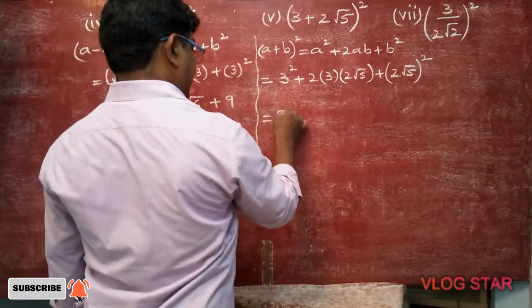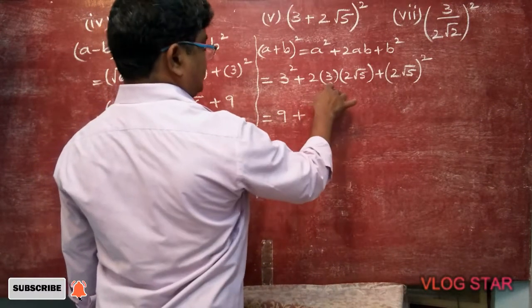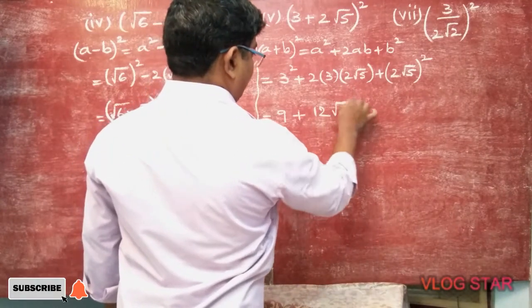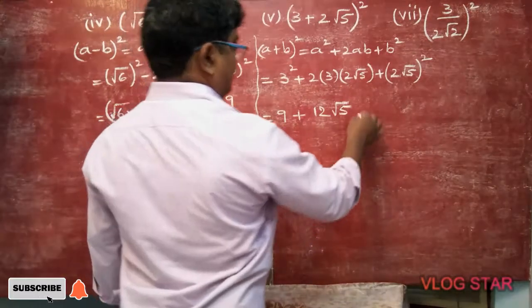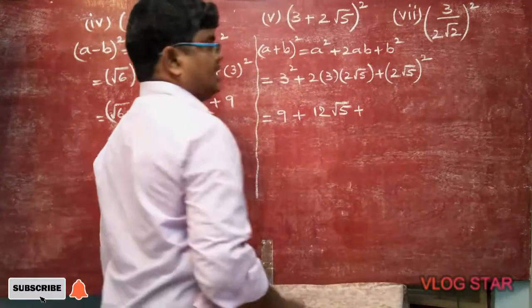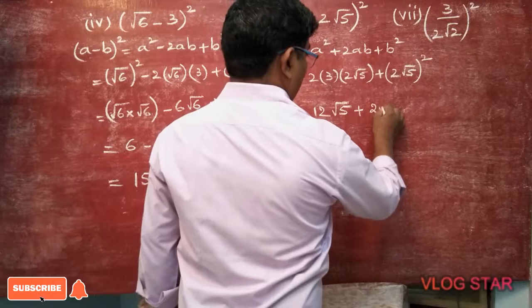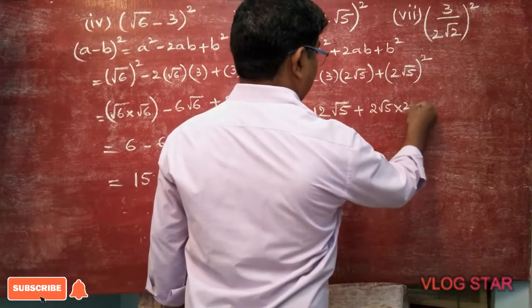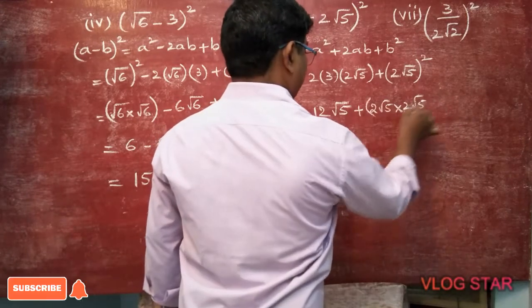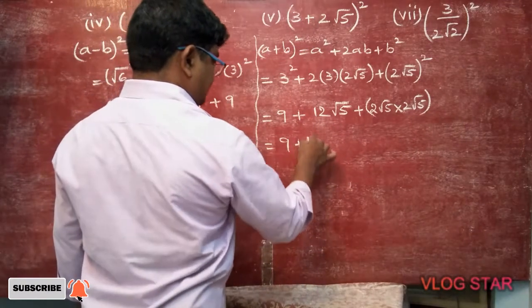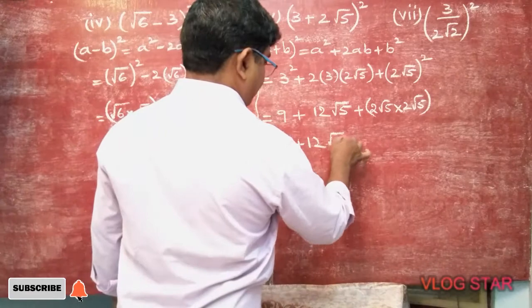That is equal to 3 3 is 9 plus 2 3s 6, 6 2s are 12. 12 root 5 plus, what is the meaning of 2 root 5 whole square? 2 root 5 into 2 root 5. Keep in a bracket. Here 9 plus 12 root 5.